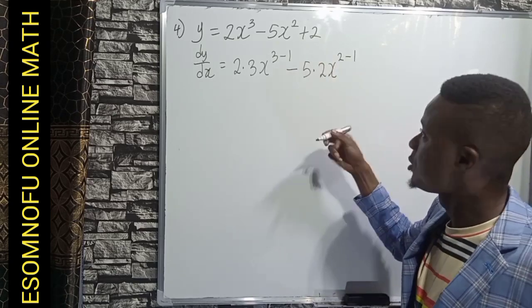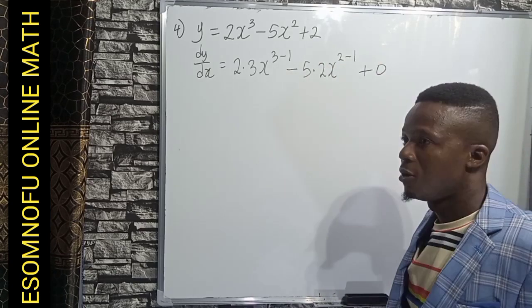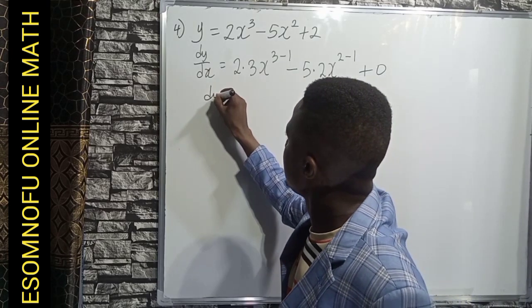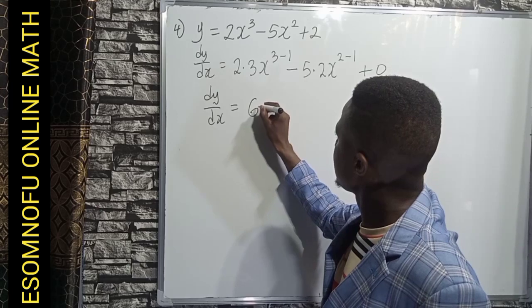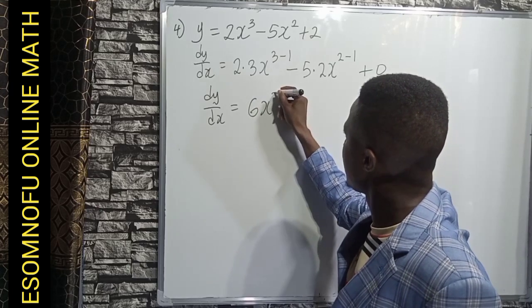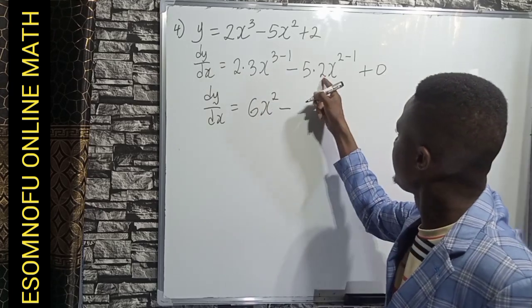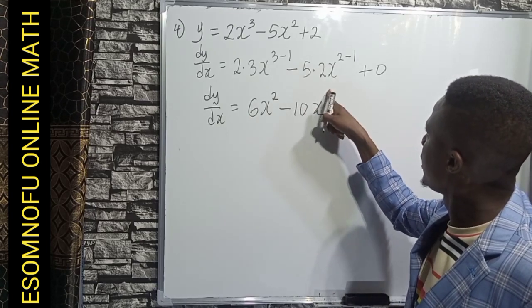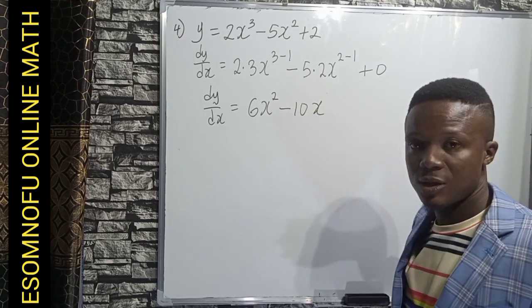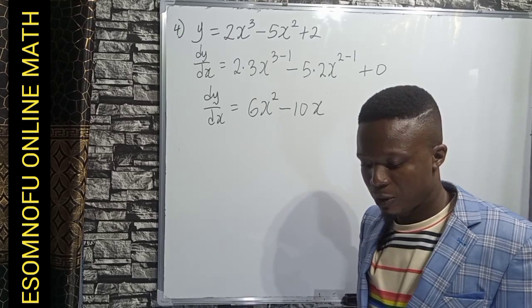Whenever you differentiate a constant, it's always 0. So that dy over dx is equal to 2 times 3 is 6x to the power of 3 minus 1 is 2, minus 5 times 2 is 10. X to the power of 1, no need of writing the 1, then 0 is nothing. So this is just the solution to this number 4 problem.